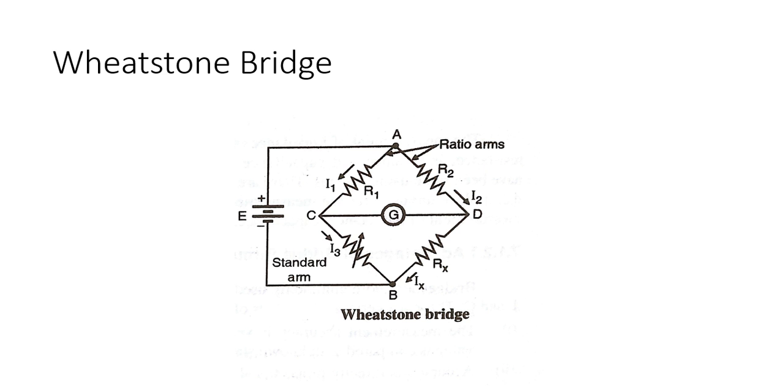At the time of bridge balance, the potential across arm AC is the same as the potential across arm AD. Again I am repeating, whenever we consider C and D at the same potential, at bridge balance the potential across arm AC, this one, is the same as across arm AD, this one.